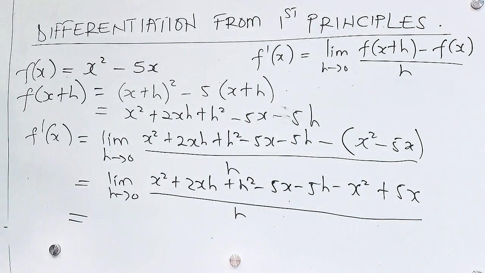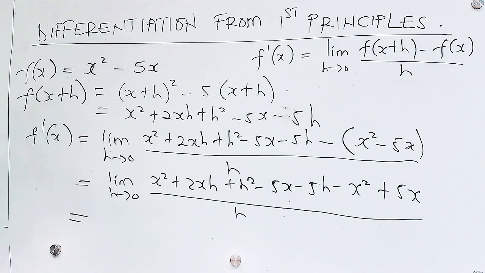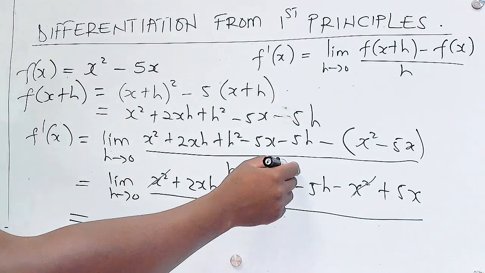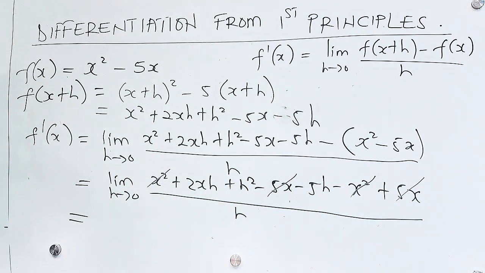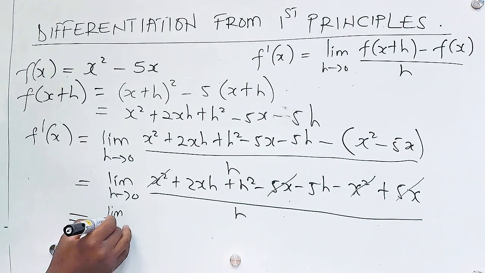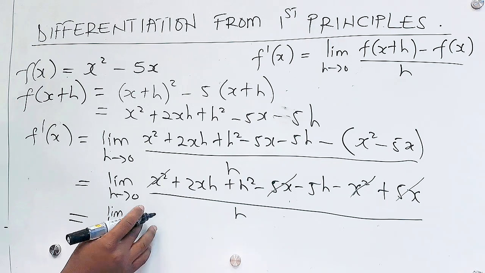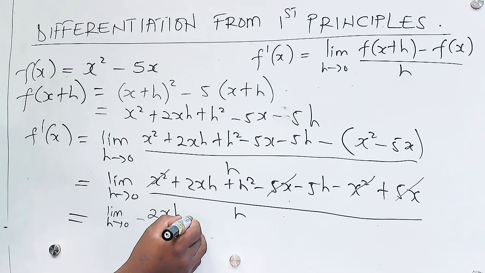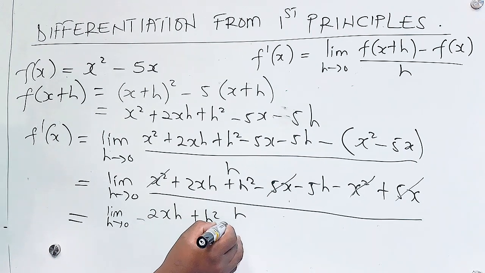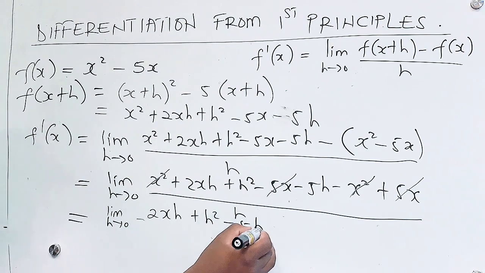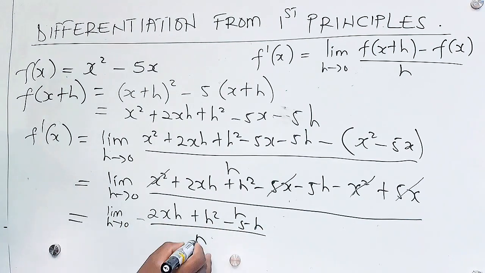Then from there, we check for like terms that can add or subtract each other. So we have x squared subtracted with x squared, and negative 5x plus 5x cancel. So the limit as h approaches 0 is left with 2xh plus h squared minus 5h over h.